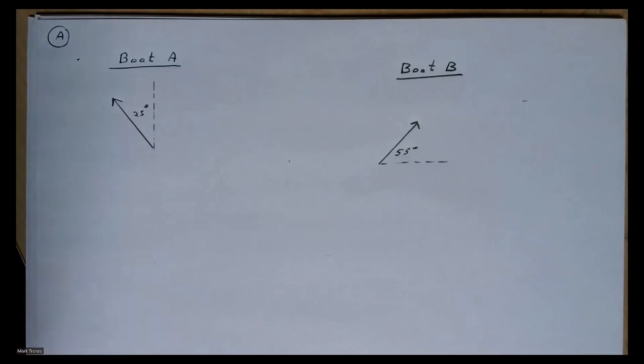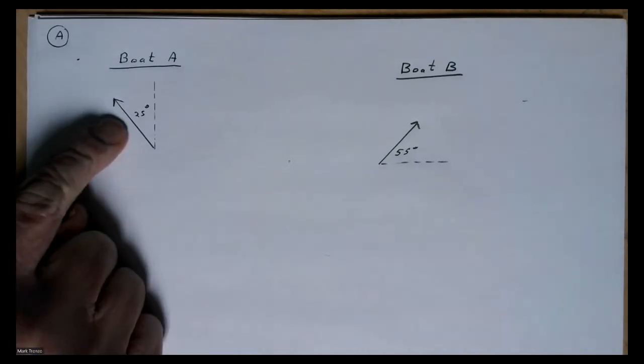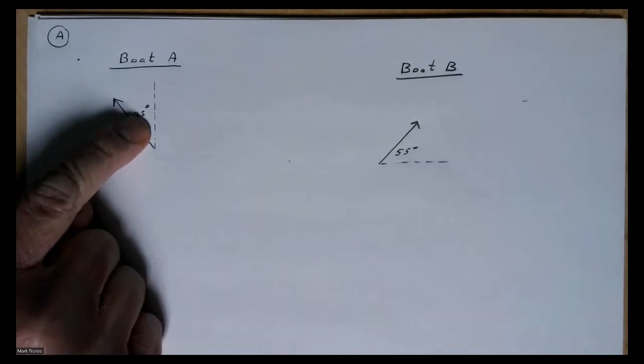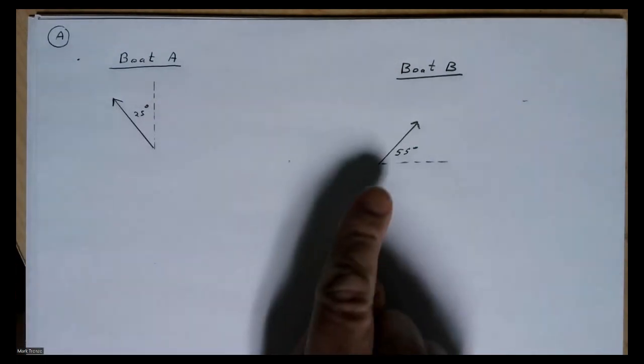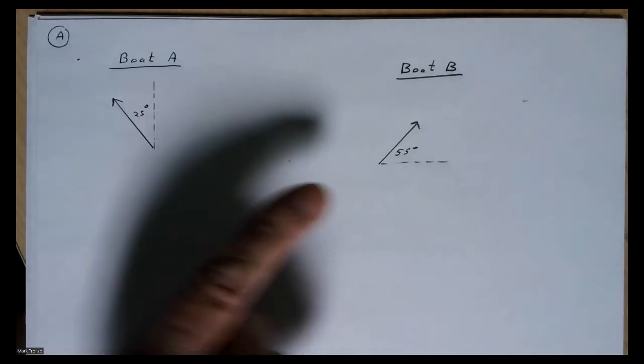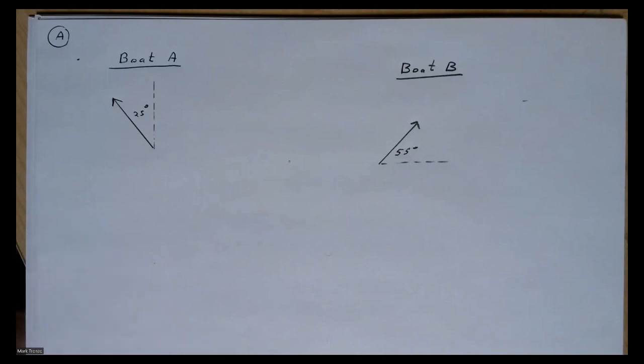So we have this situation here. Boat A is leaving at a 25-degree angle with the vertical. Boat B is leaving at a 55-degree angle with the horizontal.